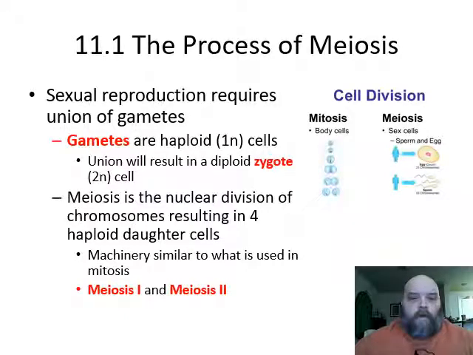So what we find here, when we're talking meiosis, is that instead of giving you two genetically identical daughter cells like we saw in chapter 10 with mitosis, meiosis is going to give us 4 genetically unique cells.